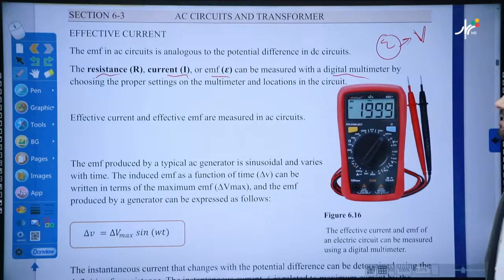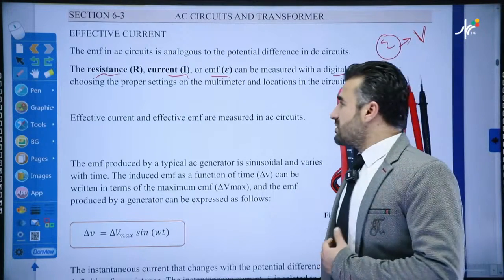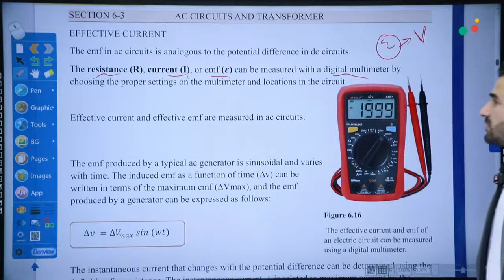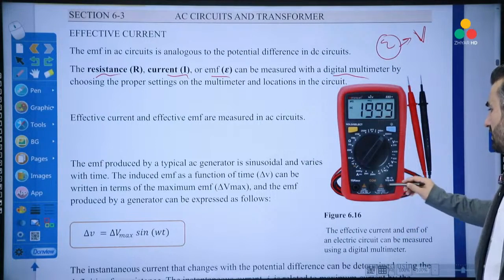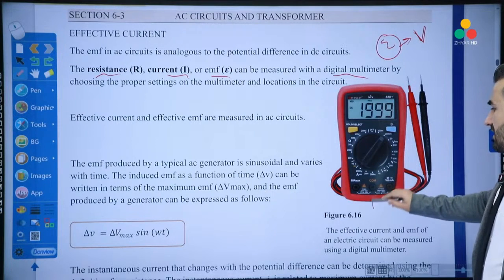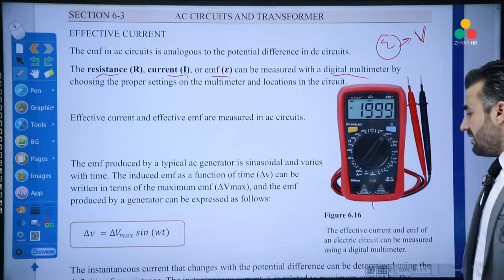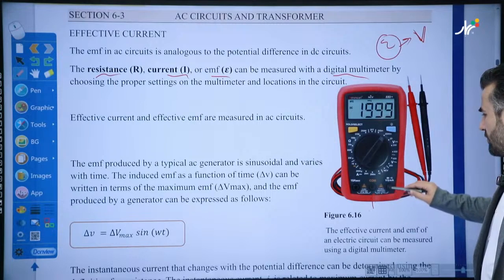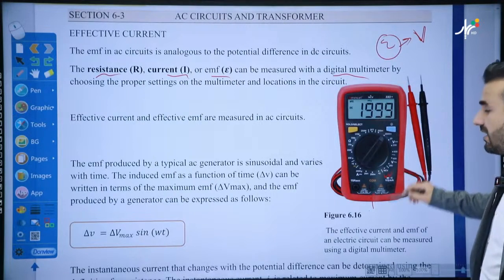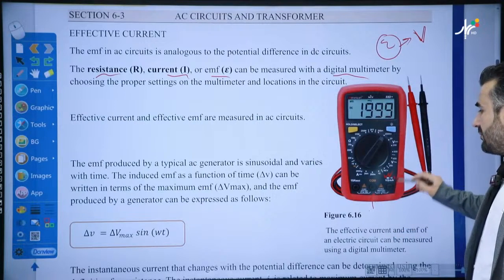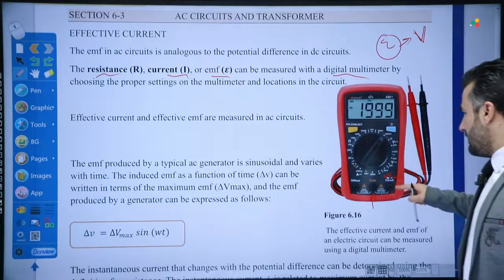That is this digital multimeter, by choosing the proper setting on the multimeter and the proper locations in the circuit. You will see that this is basically the neutral one, it goes here. For this one, if you want to measure the voltage, you connect it here. If you want to measure the resistance or the current in milliamperes, in the small range, you will connect the wire here.